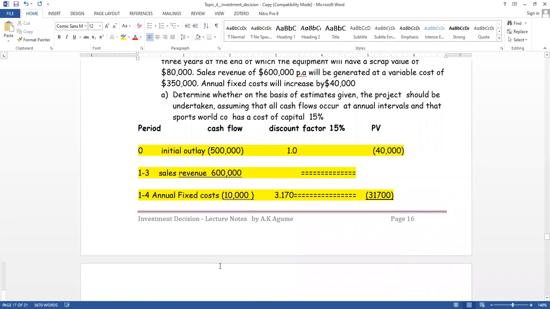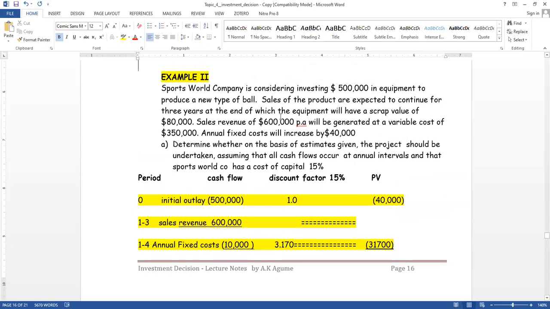Okay. Then they are also saying that the variable cost, from year 1 to 3, is what?